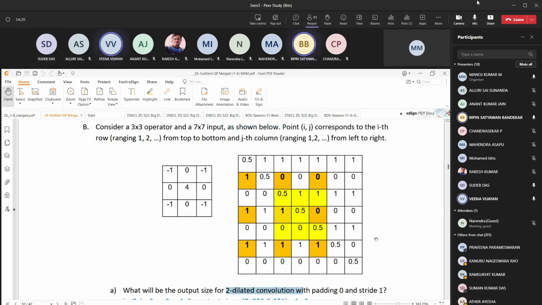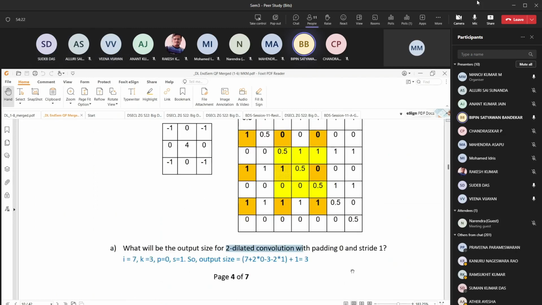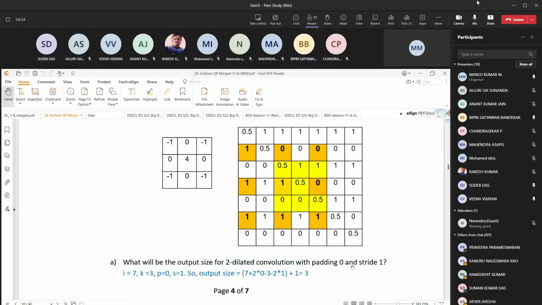In the case of non-dilated, that is dilation 1 by 1, the input is not dilated.